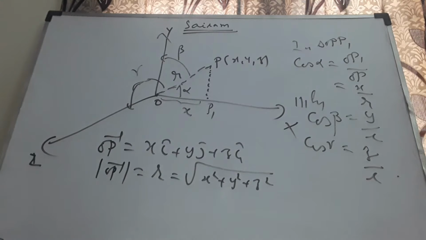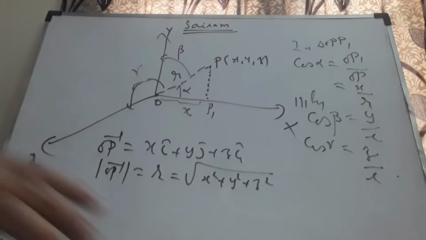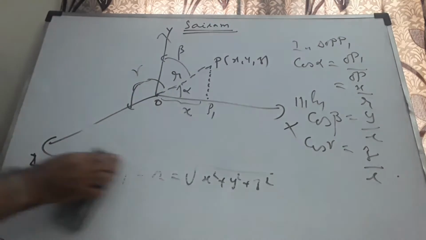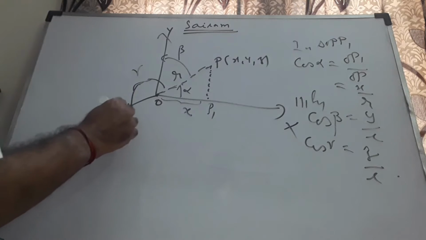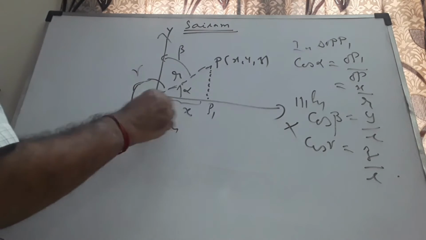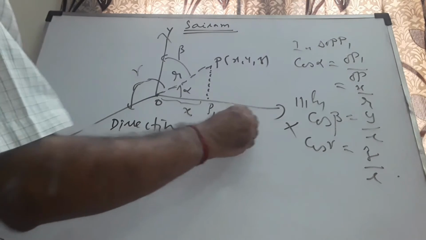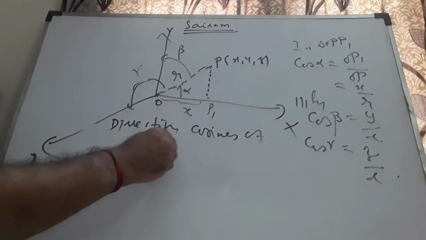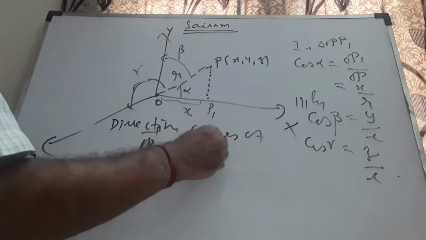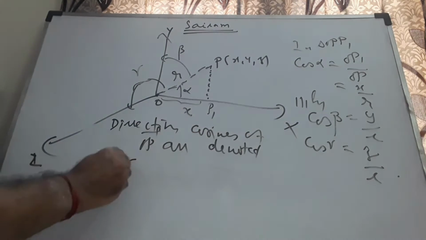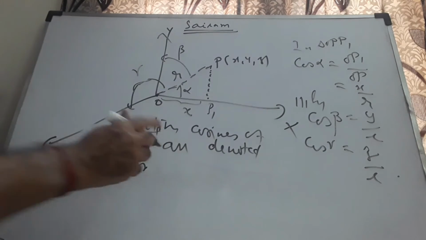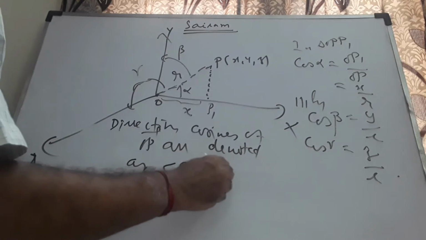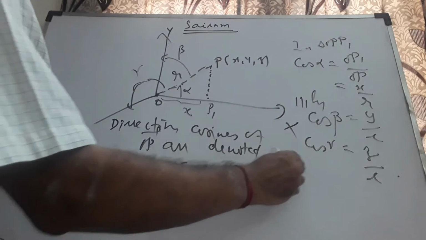And these three values, cos alpha, cos beta, cos gamma, are considered to be the direction cosines of OP vector.